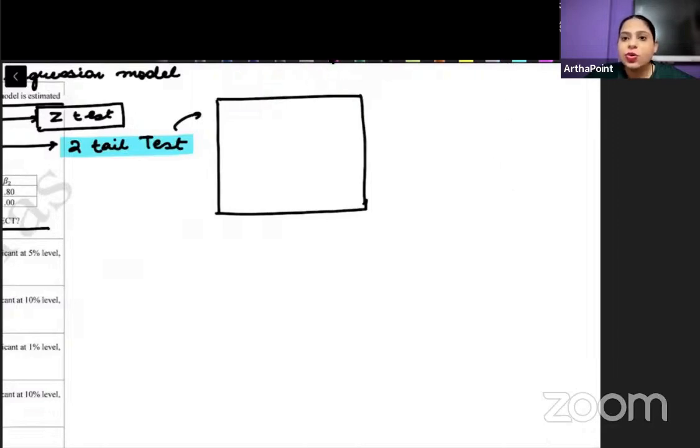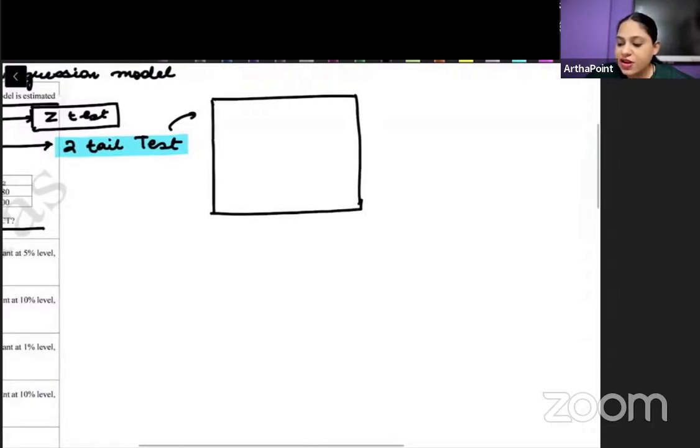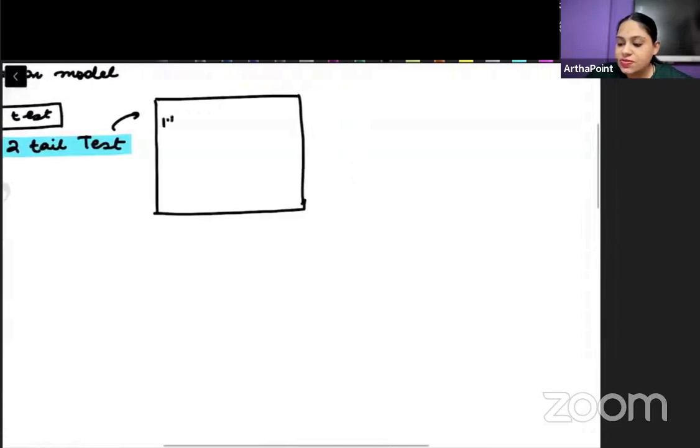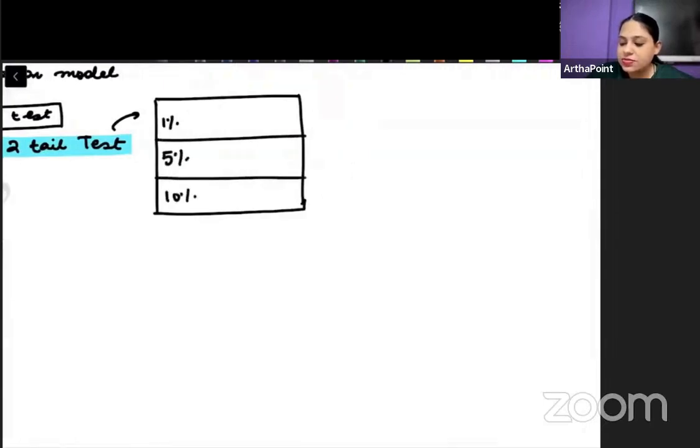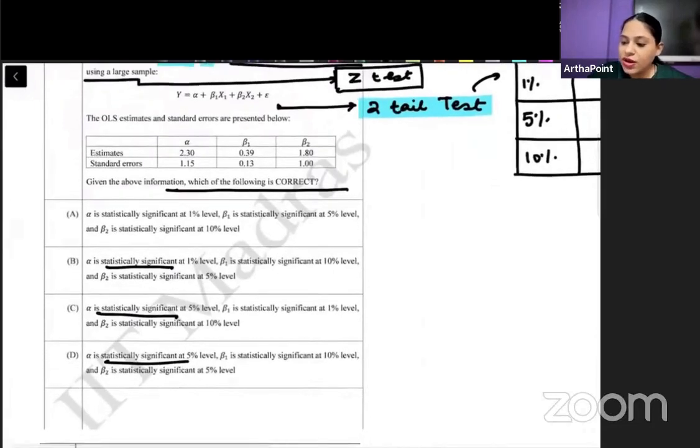So can you quickly try to solve this question? You should know the value of Z at 1%, at 5%, and at 10%. Right? Now, look here. You are given the estimated values and their standard errors.